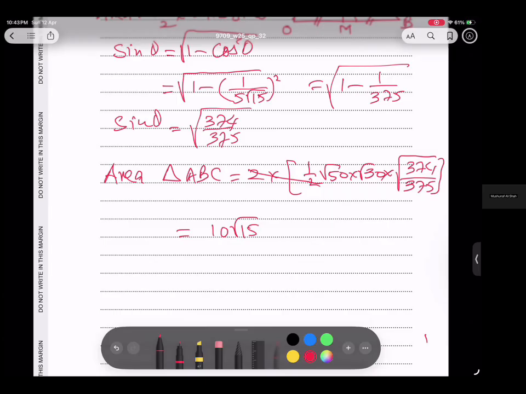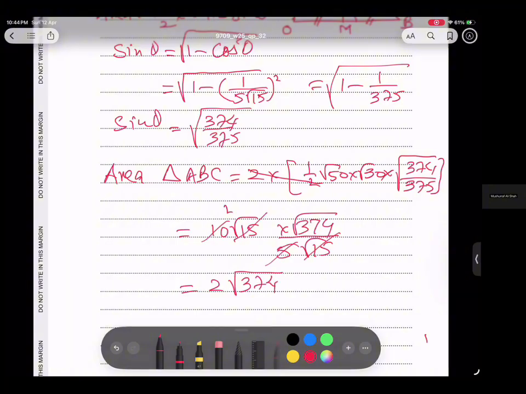Root of 374 stays the same, but root of 375 is a number which I'm writing now here, 5 root 15. So 5 root 15, and this cancels out, and we got a 2. Alhamdulillah, we got an exact answer.